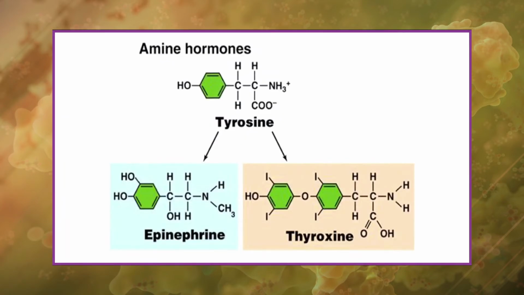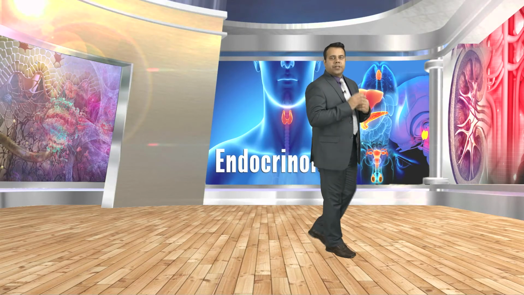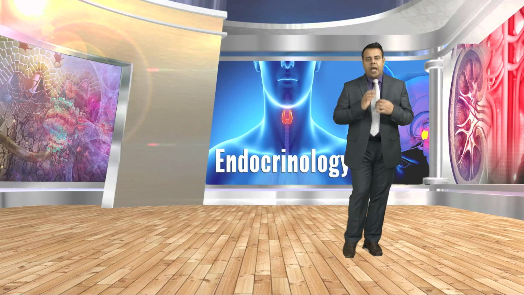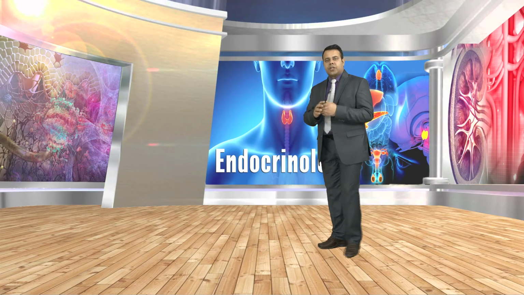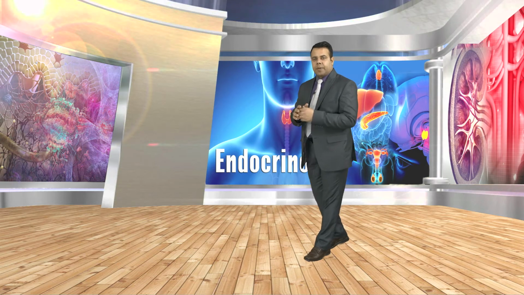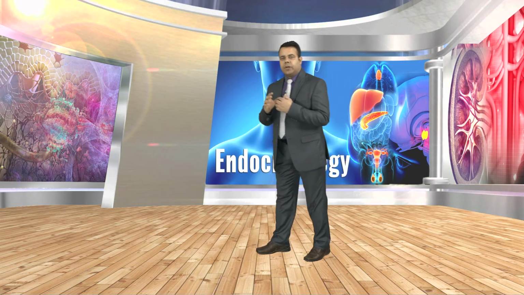Whereas amine hormones are derived from tyrosine. The two groups of hormones derived from tyrosine, the thyroid and the adrenal medullary hormones, are formed by the actions of enzymes in the cytoplasmic compartments of the glandular cells.